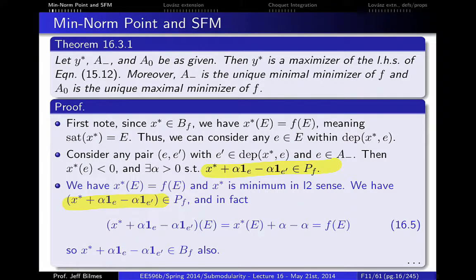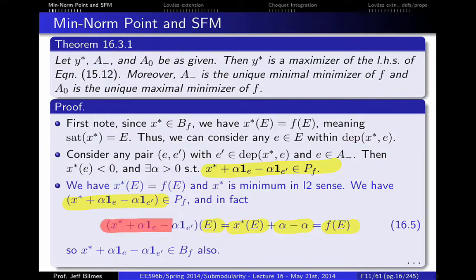The reason why we're still tight is because when we take the component sum of this vector x star that's been nudged a little bit, that's just equal to x star of e plus or minus alpha, which is still equal to f of e. So think of this as the new nudged vector. Let me color it in red.